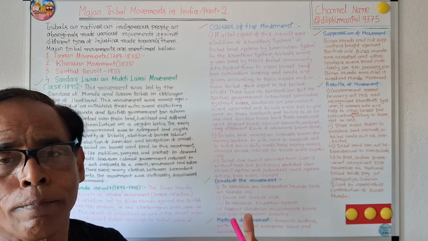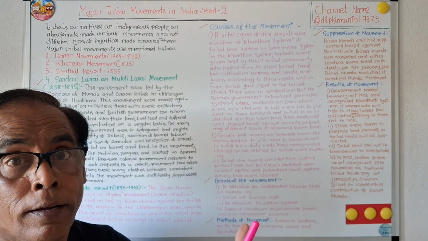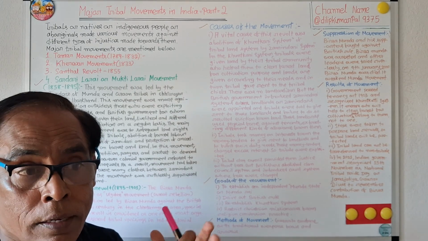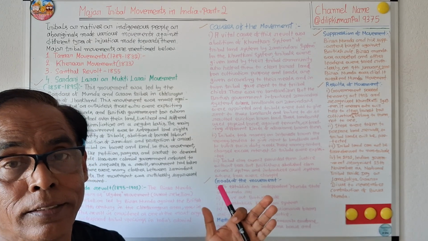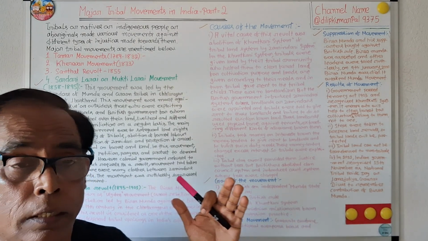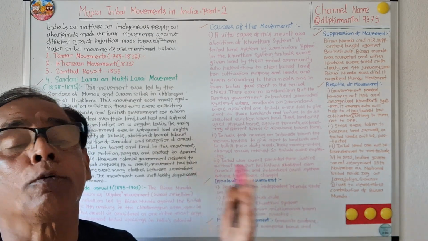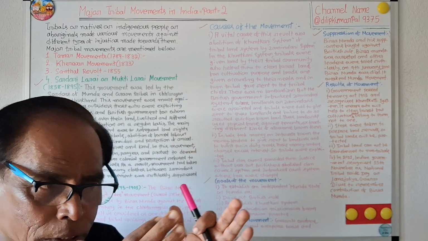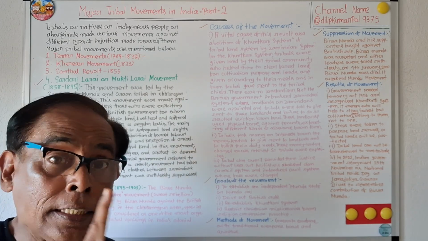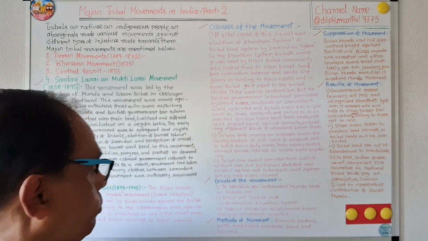It is not a front to front war. Rather, it is a war from different angles. And the Birsa Munda movement adopted guerrilla warfare using the traditional techniques of bows and arrows.